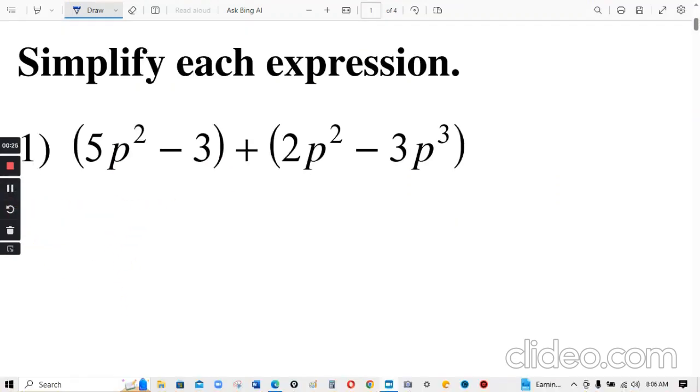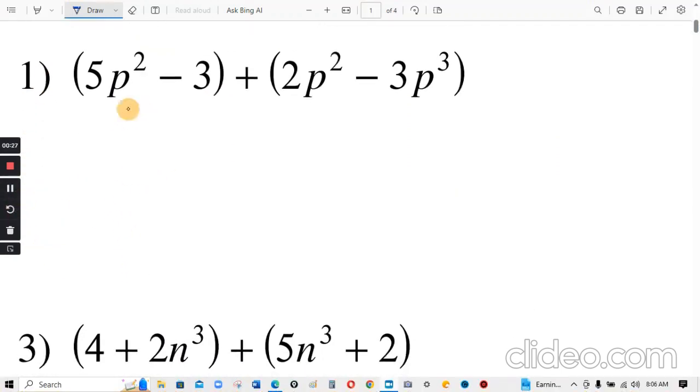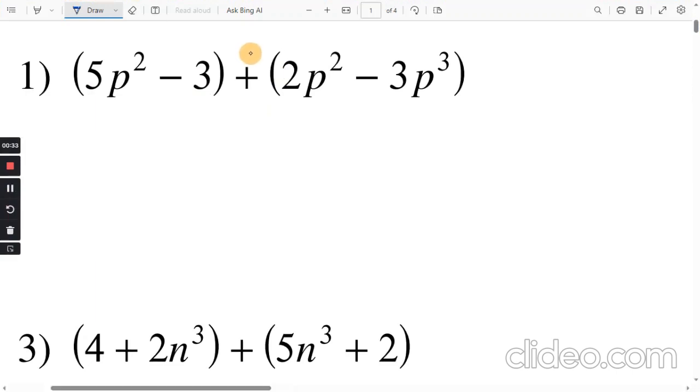All right, problem 1. I am going to leave the first set of parentheses alone, and here we are distributing a positive sign to both terms, but the positive sign changes nothing inside the set of parentheses. So really, we could just leave this as is, and I am going to rewrite these terms under the like terms in the first set of parentheses.